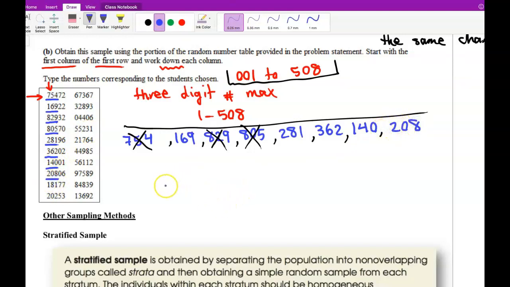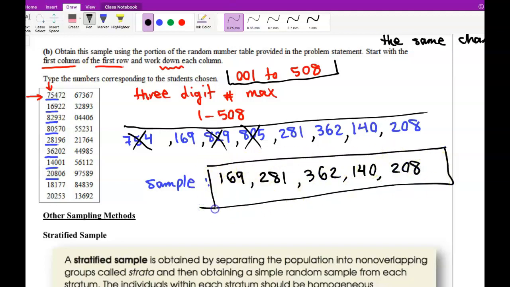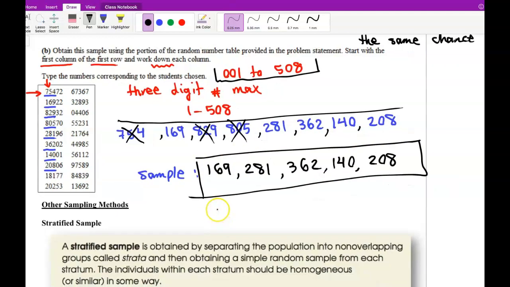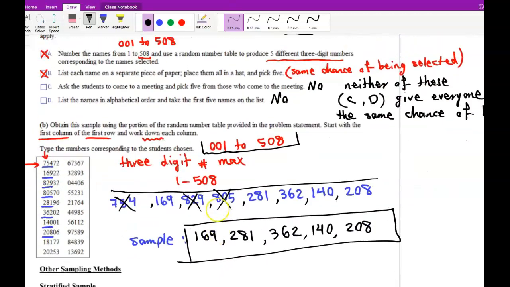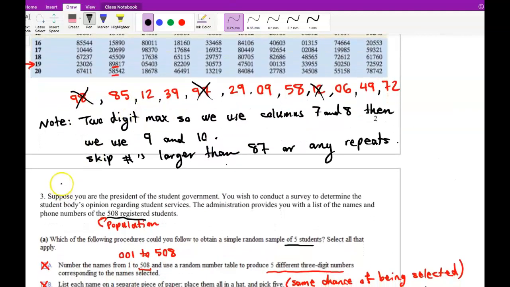So this is our sample. Our sample is 169, 281, 362, 140, 208. Okay, I did the same method that I had on this part. I want to write what the sample was for that part too.